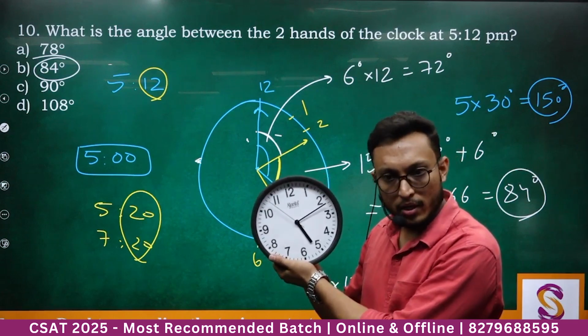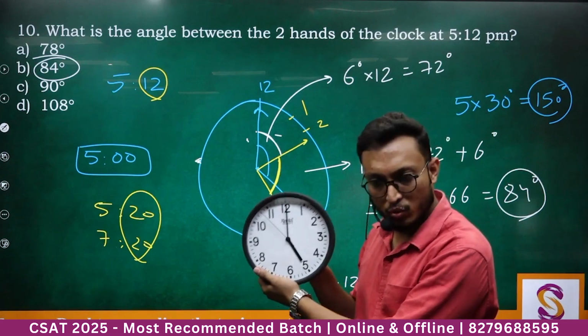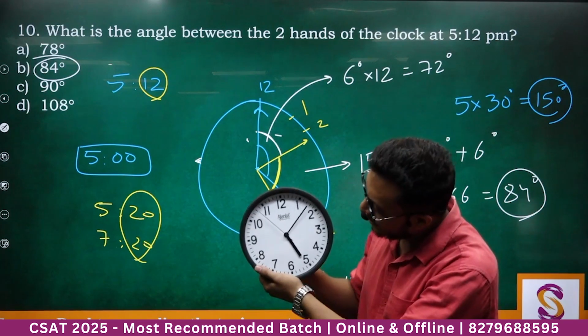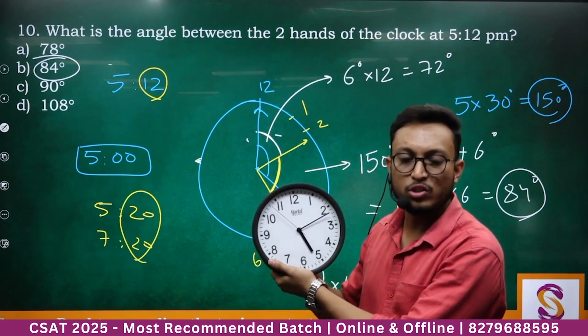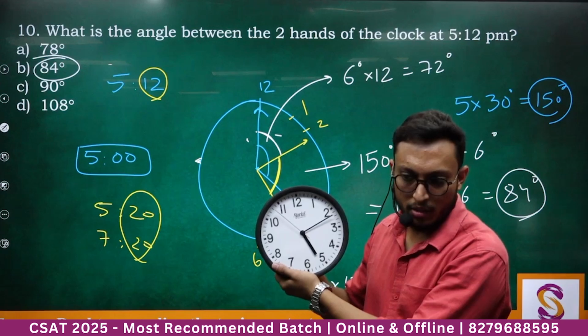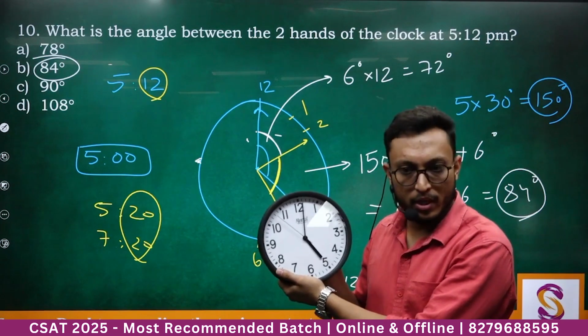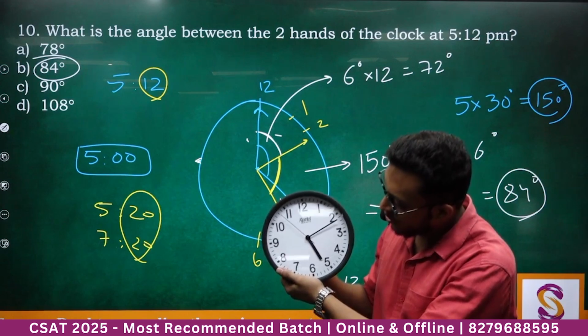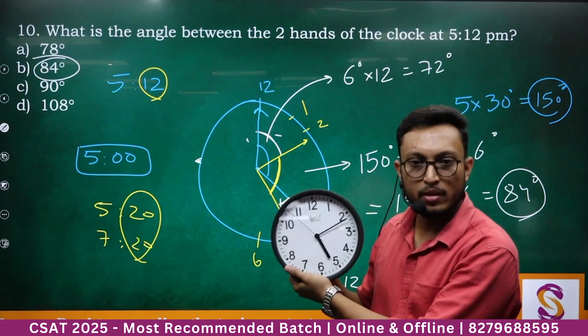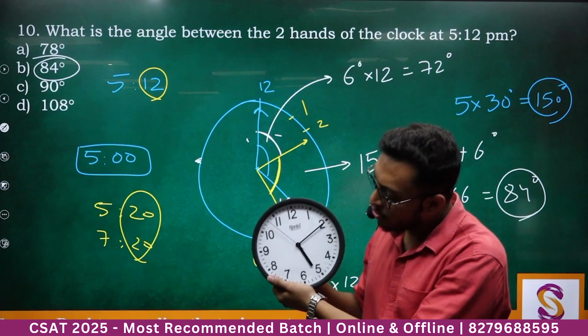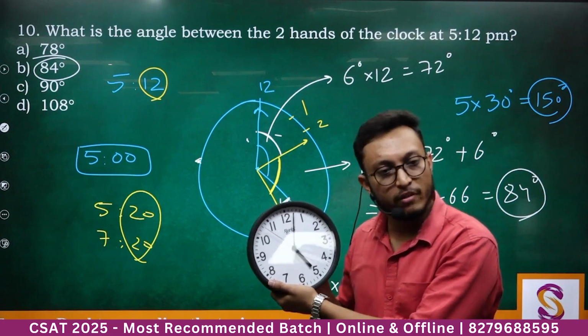So what have we done? Initial angle, this was the initial angle, first just observe the minute hand, it has decreased it by this much amount, which was 72 degrees. We just calculated it. It is rotating 6 degrees per minute for these 12 minutes. So for 12 minutes it will rotate by 72 degrees. So this angle has decreased by 72 degrees.